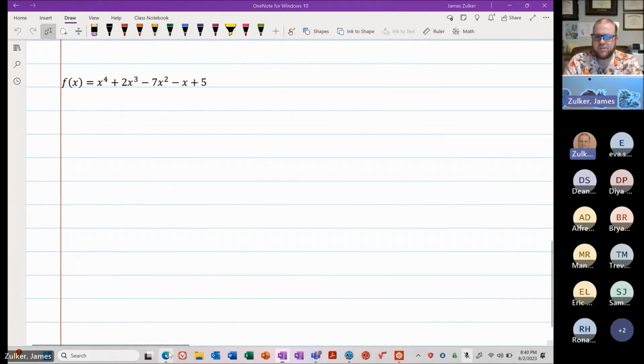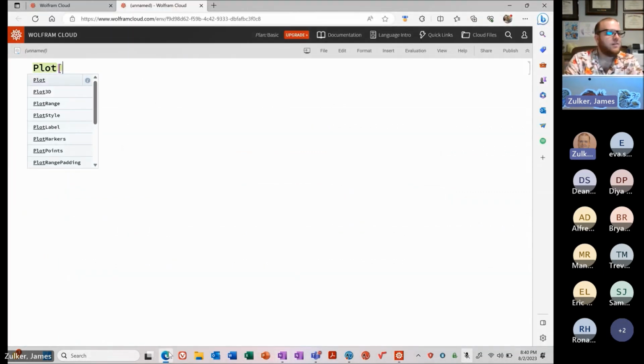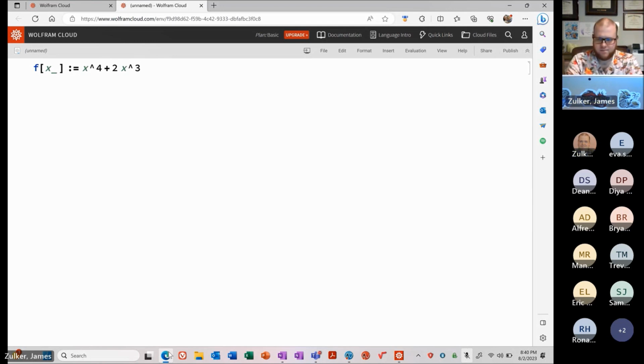Let me first define my function. Shift enter. Now plot f of x. I don't know, let's go minus 10 to 10, all the way around.